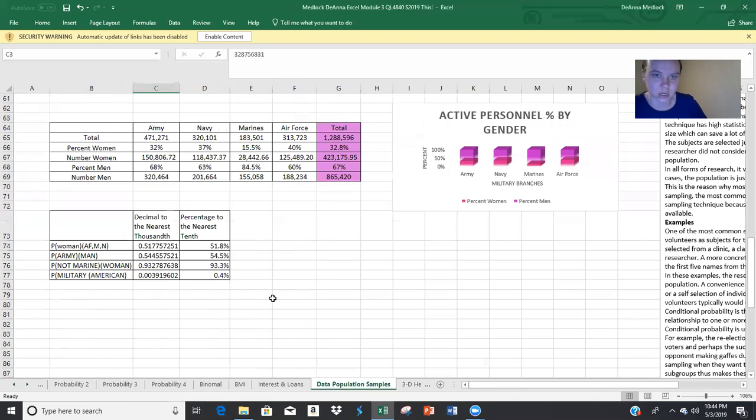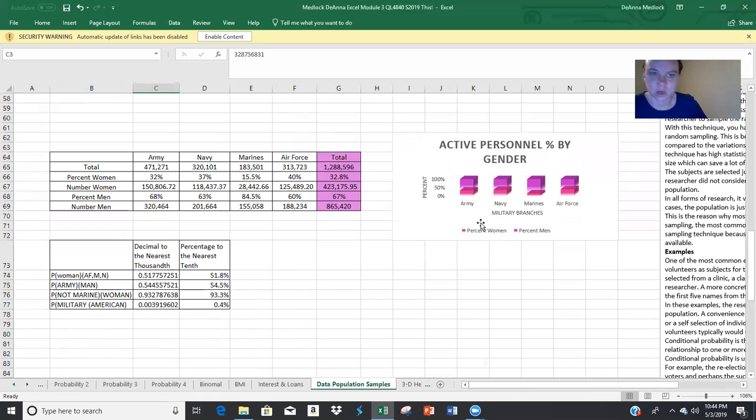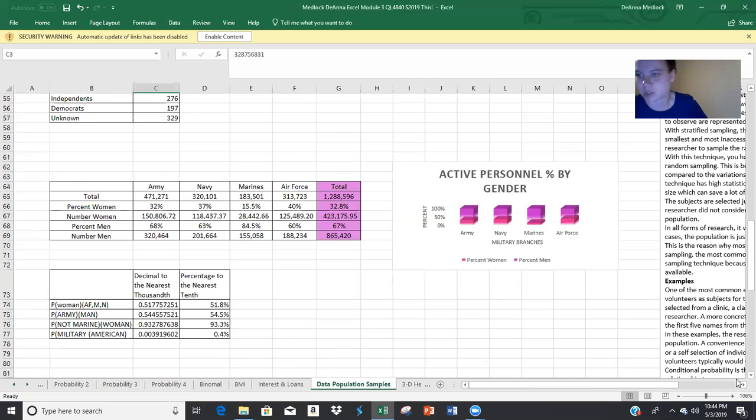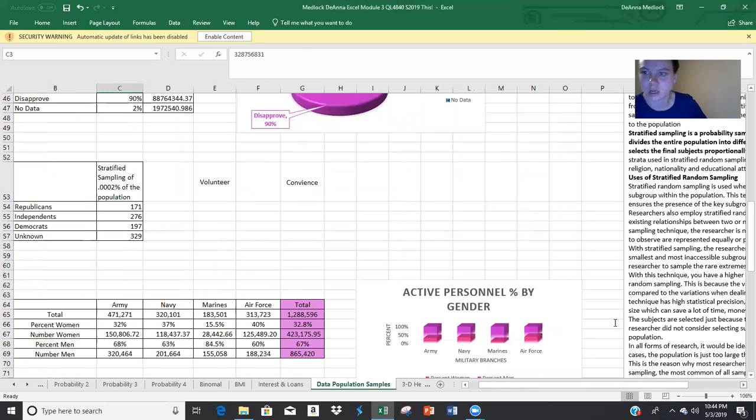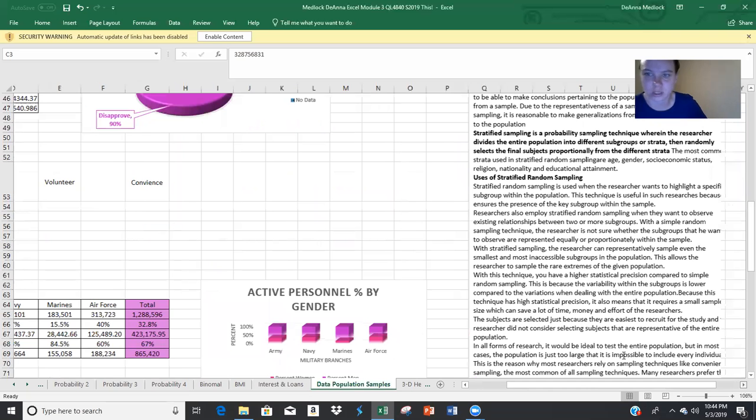And our second one was about the Army, the military branches: Army, Navy, Marines, Air Force, and the probabilities if we had a woman that was neither Air Force, Marine, or Navy, and the different probabilities of choosing a person randomly. So I'm going to explain to you what all that is.